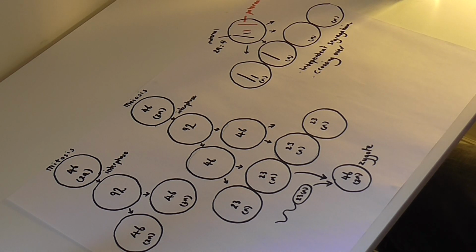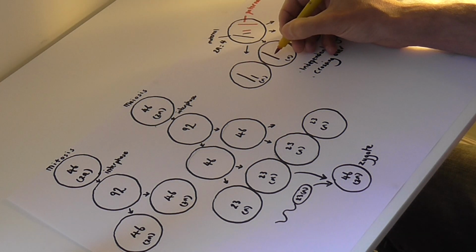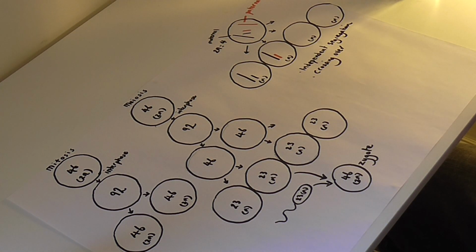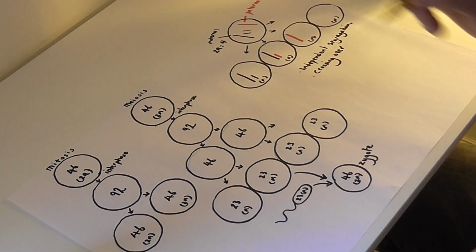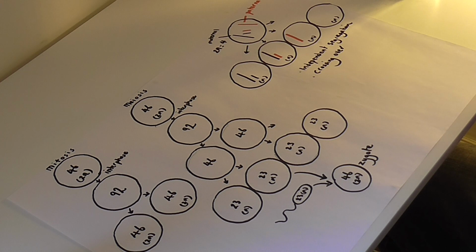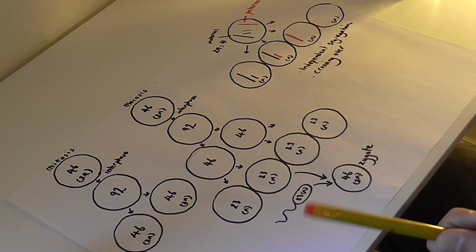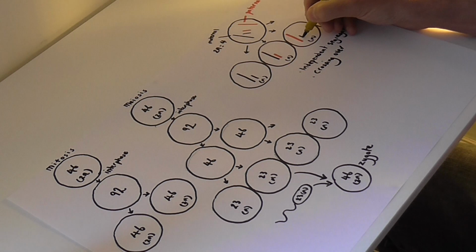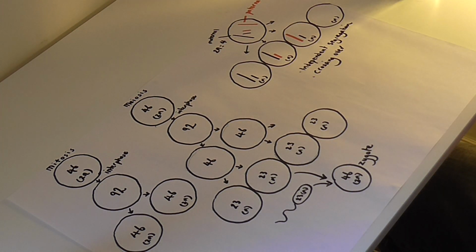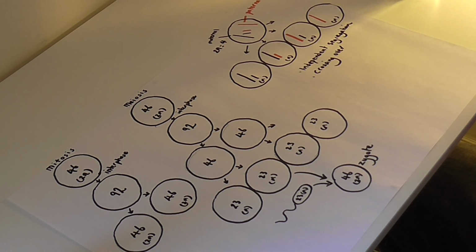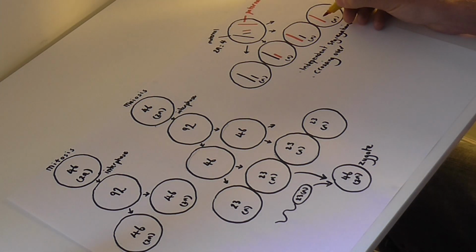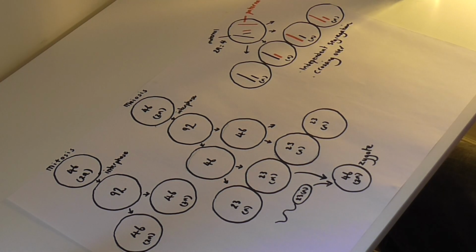So the second gamete could have the longer maternal chromosome and then the shorter paternal chromosome. This gamete could therefore have the longer paternal chromosome and shorter maternal, and then finally this gamete could have the longer paternal chromosome and the shorter paternal chromosome.